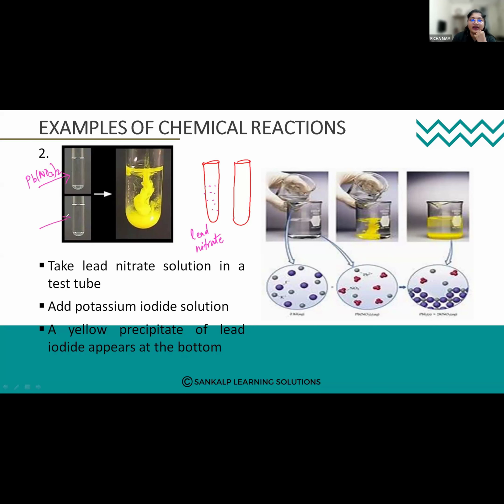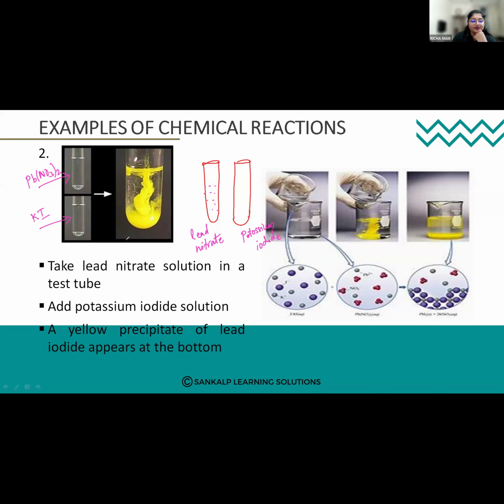Please see the chemical formula of the compound: Pb(NO3)2. In another test tube I have taken potassium iodide, that is KI. You can see both the potassium iodide and lead nitrate solutions are colorless.